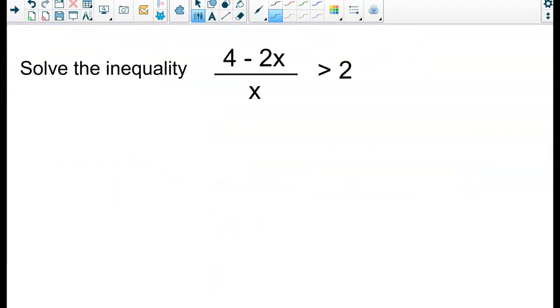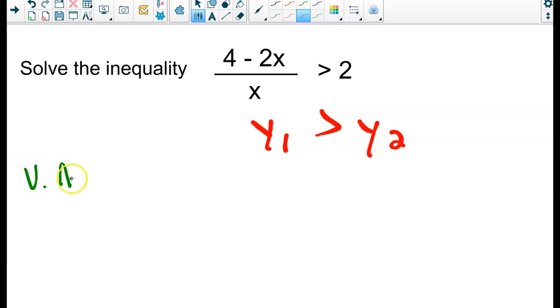Next one, solve the inequality. So where is y1 greater than y2? And looking at this y1 again, because there's a fraction, we have a vertical asymptote of x equals 0, so it can't cross. This has to do with the denominator.